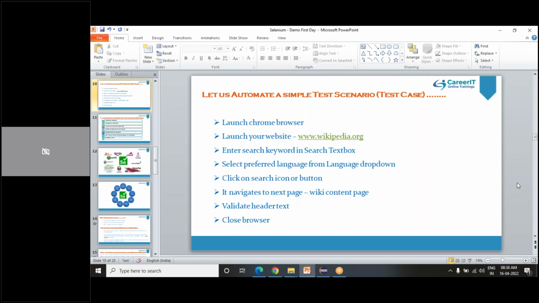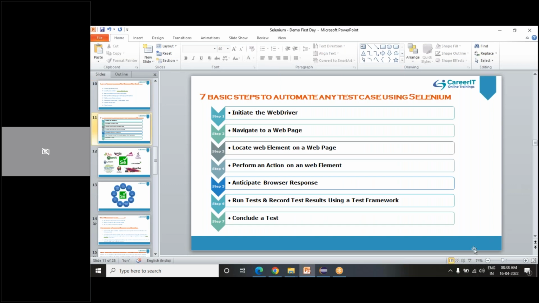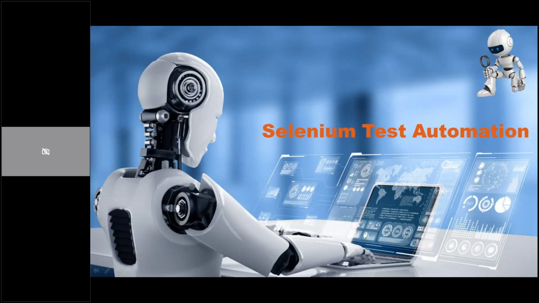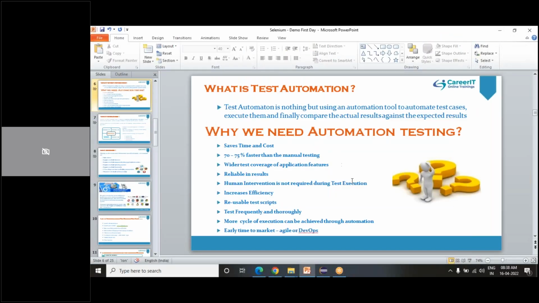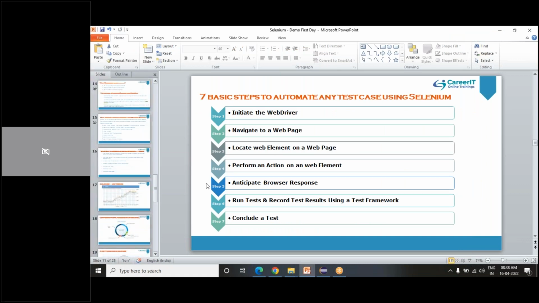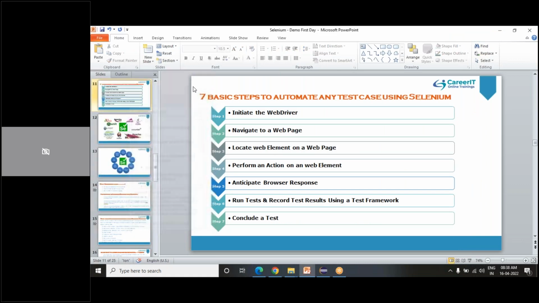So in Selenium, guys, to automate any simple, medium, or complex automation test case, if you follow 7 basic steps, you can achieve automating that particular test case.